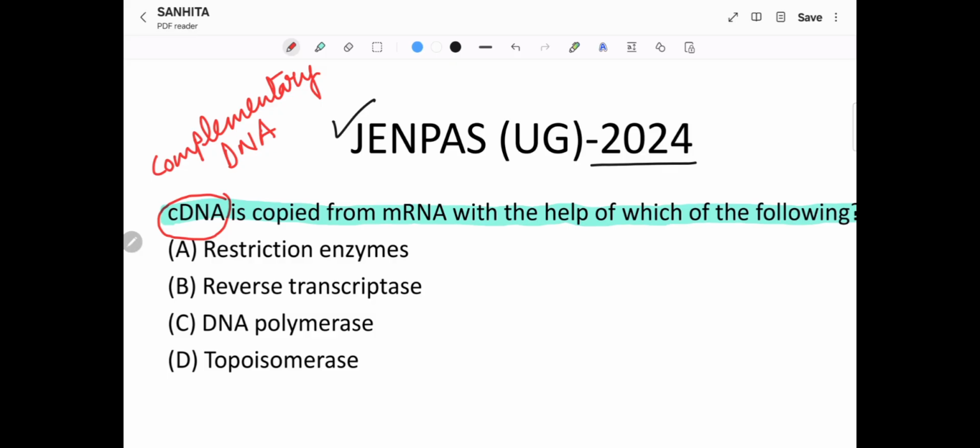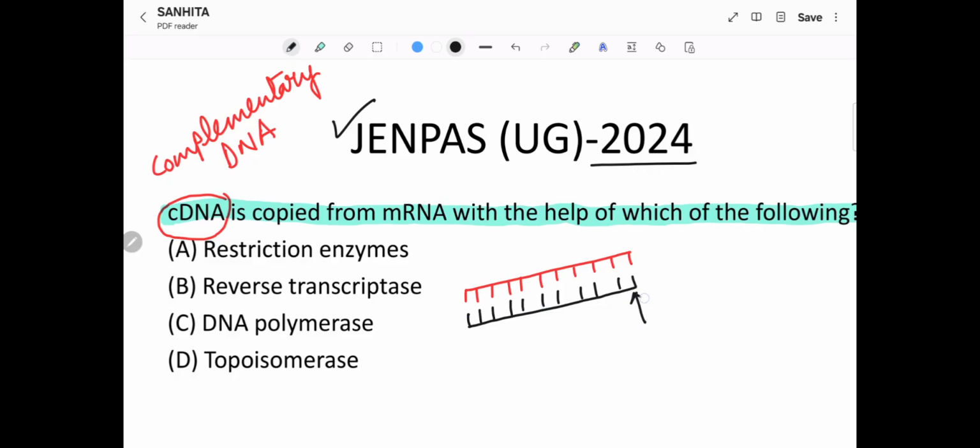Complementary strand, you know. DNA is made up of two strands twisted into a double helix, right? So a complementary strand refers to the second strand of a DNA molecule. If a DNA molecule consists of two strands, this is one strand, and there must be another strand like this, right?